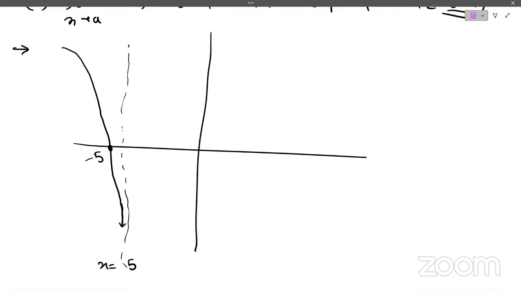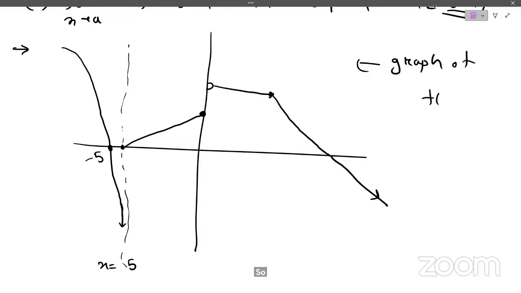Suppose this is -5 and x is equal to 5. Suppose this is the graph of a function. This type of question you have already done, I guess.